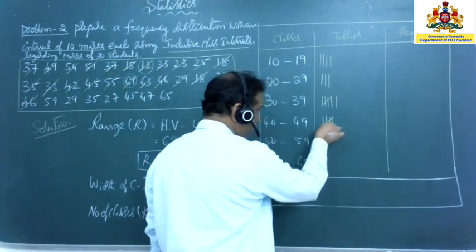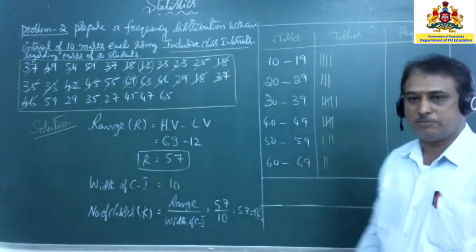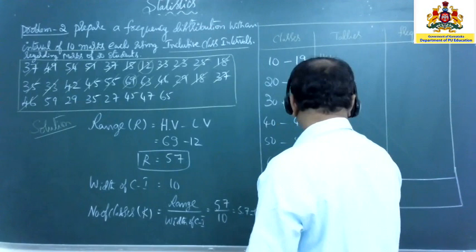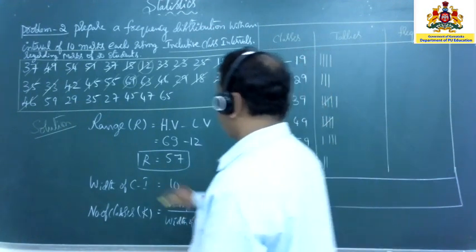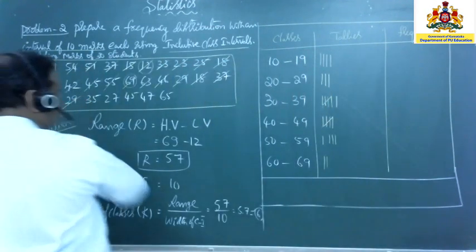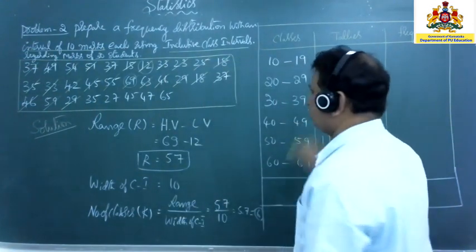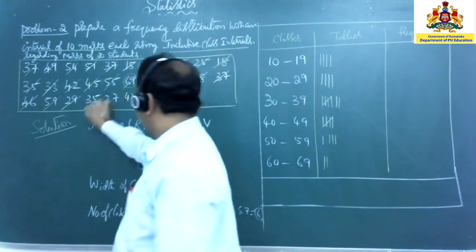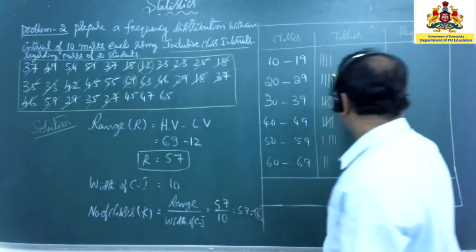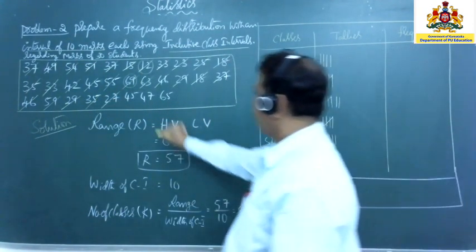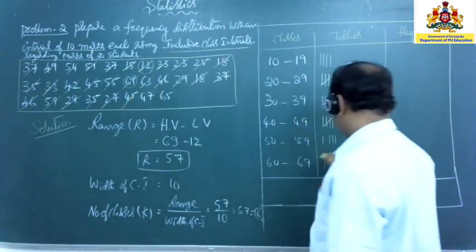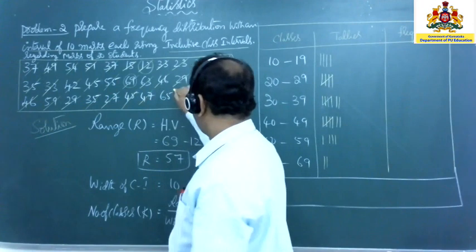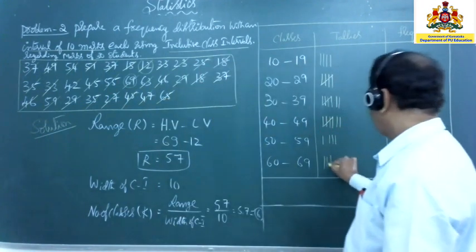After 4 tallies, you have to put the cross mark for the fifth tally. Next, 59. Next, 29. Next, 35. Next, 27. Next, 45 and 47. Next, the last one is 65.